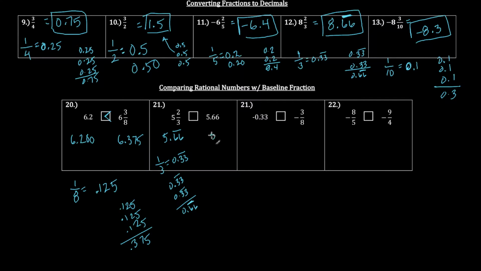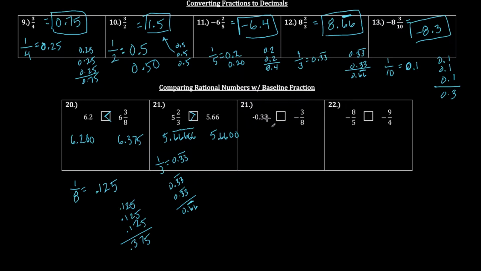This is really just 5.66. It doesn't repeat forever. So this one will keep going. This one on the right will be zeros. So the 5 2/3 is actually larger because this continues with zeros, this continues with sixes.